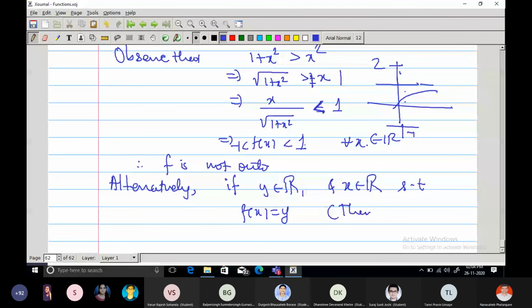Correct? For what values of y is it possible to find preimage x? That means which y's are in the range. So then what is fx?